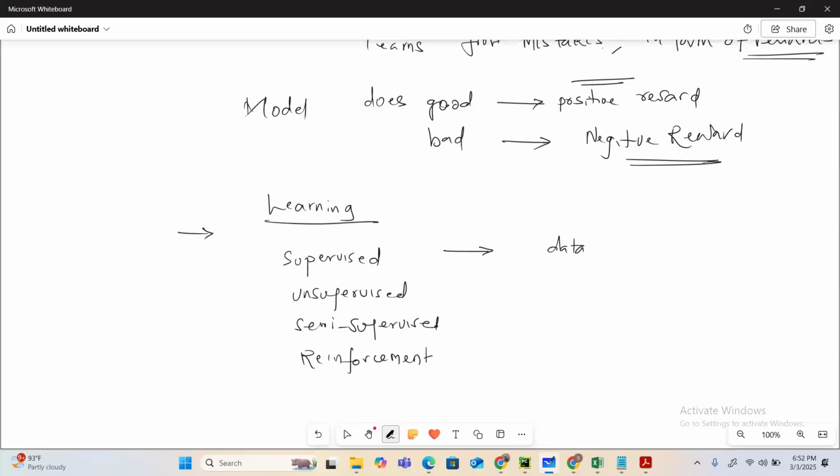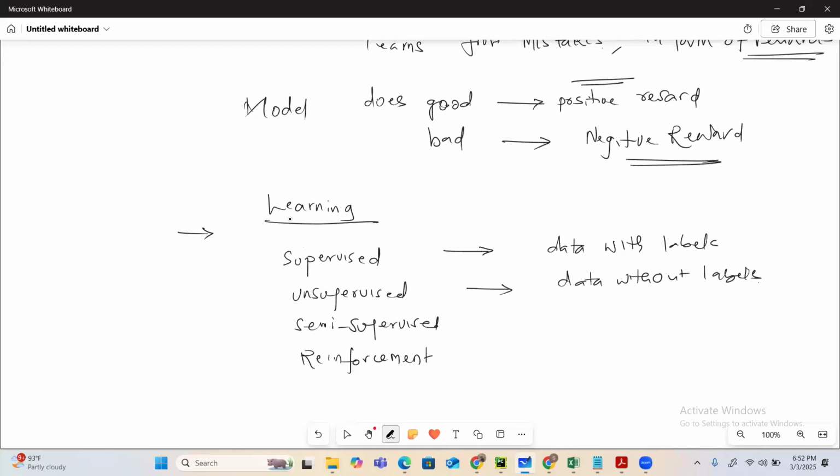Supervised: data with labels. Unsupervised: data without labels. Semi-supervised: some of them have labels and some of them have no labels.